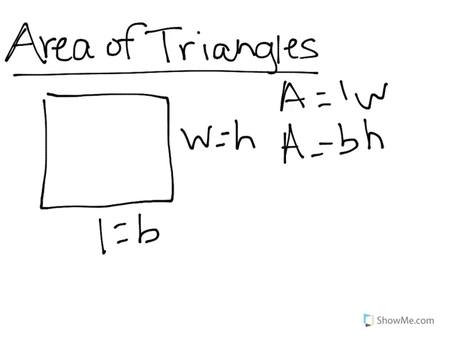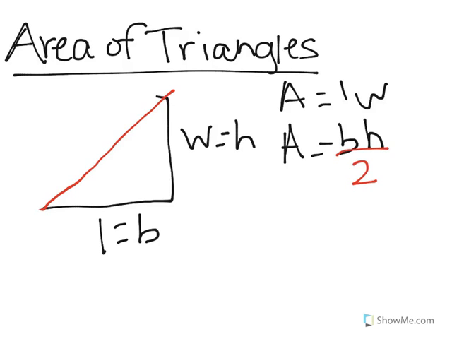But what if I cut the square in half? Well, if I cut the square in half and I erase half of it, we get a triangle. So what I need to do to this formula is divide it by 2. So the area of a triangle is base times height divided by 2.